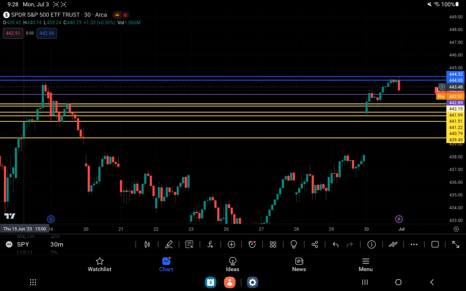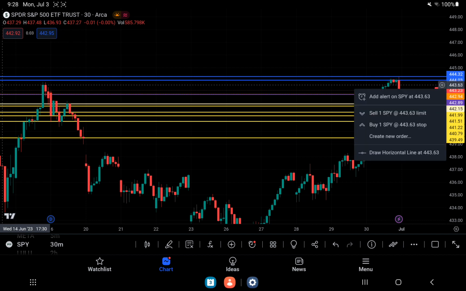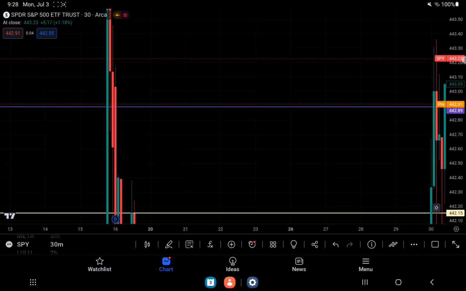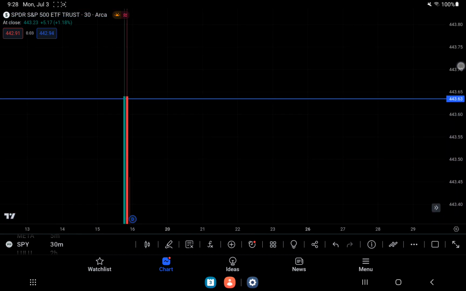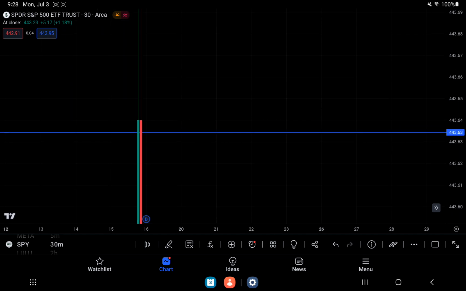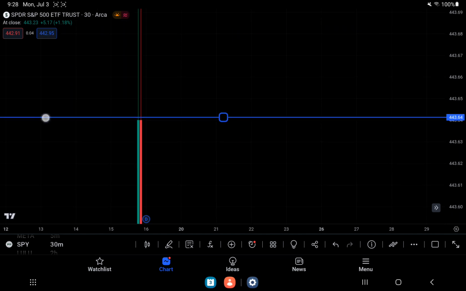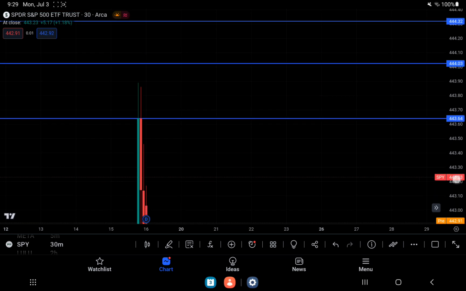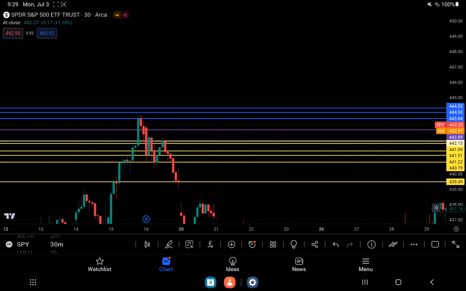And then right here, this red candlestick. Maybe a tiny bit higher. Yeah. So 443.64, I'm sorry.